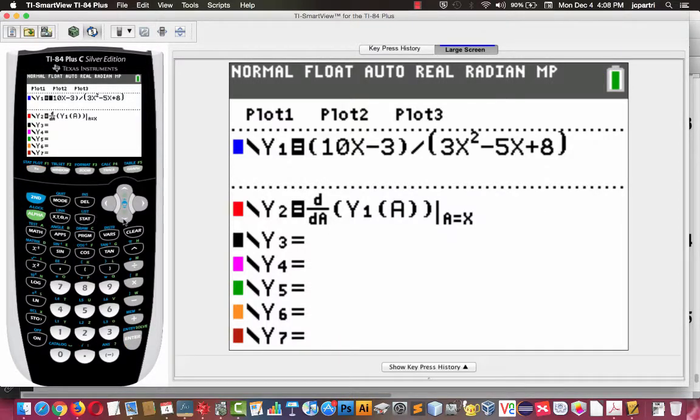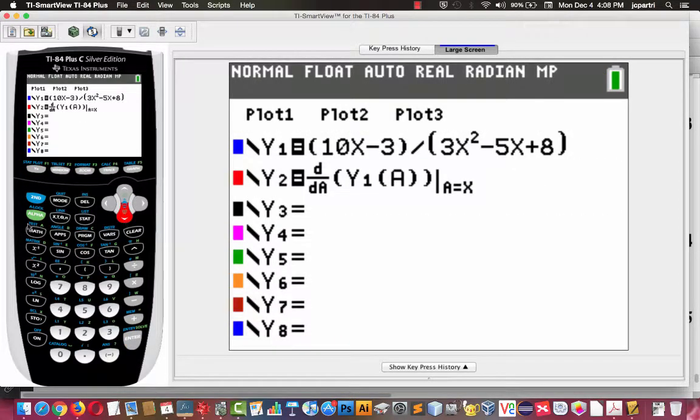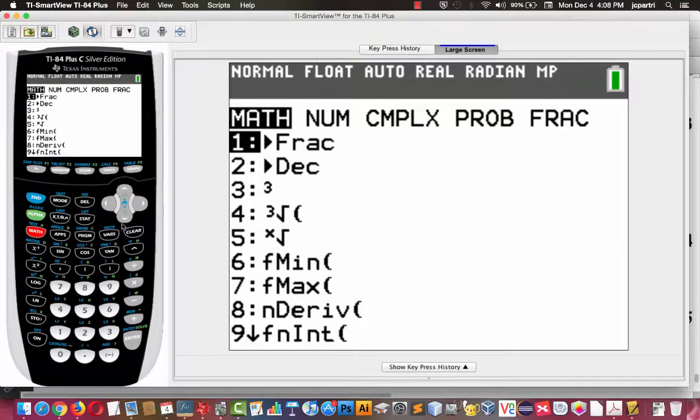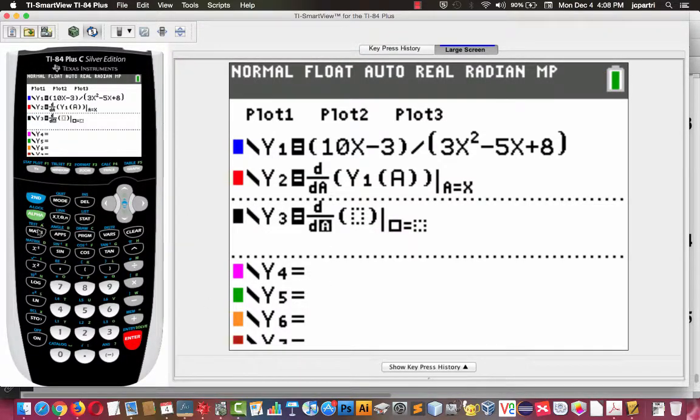Okay? Now, in order to calculate the second derivative, I return to the math key, I go down, and I choose nderiv, again for numerical differentiation. And I want that dummy variable, but this time I don't want y1, I want to differentiate y2, which is the first derivative.